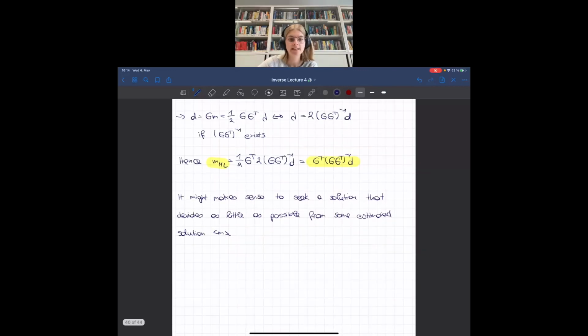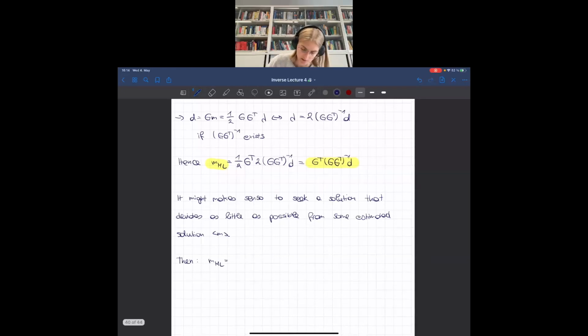And if we're doing that, we don't do the whole derivation again, but we just look at the result. In this case, the minimum length solution would be this m plus G transposed times G G transposed inverse, so the operator we had already before, and then not multiplied by d, but by d minus G times m.